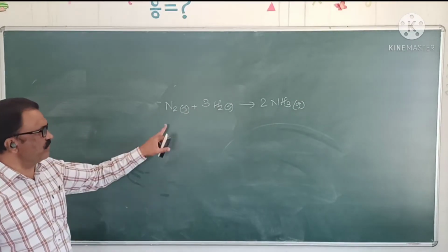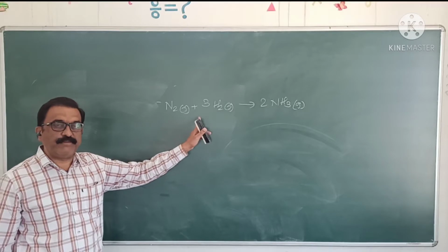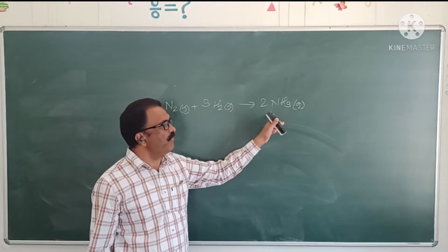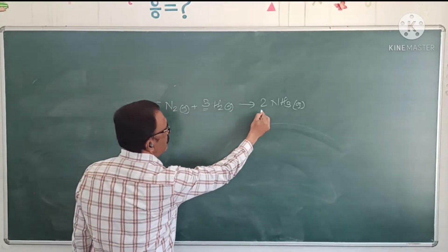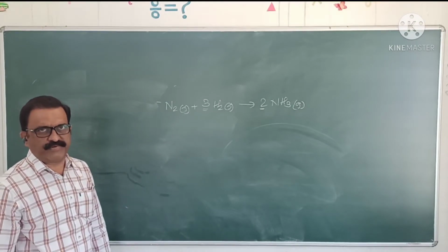That is the reaction in which 1 mole of nitrogen gas reacts with 3 moles of hydrogen gas to form 2 moles of ammonia. Here the coefficients of reactants as well as products are different.